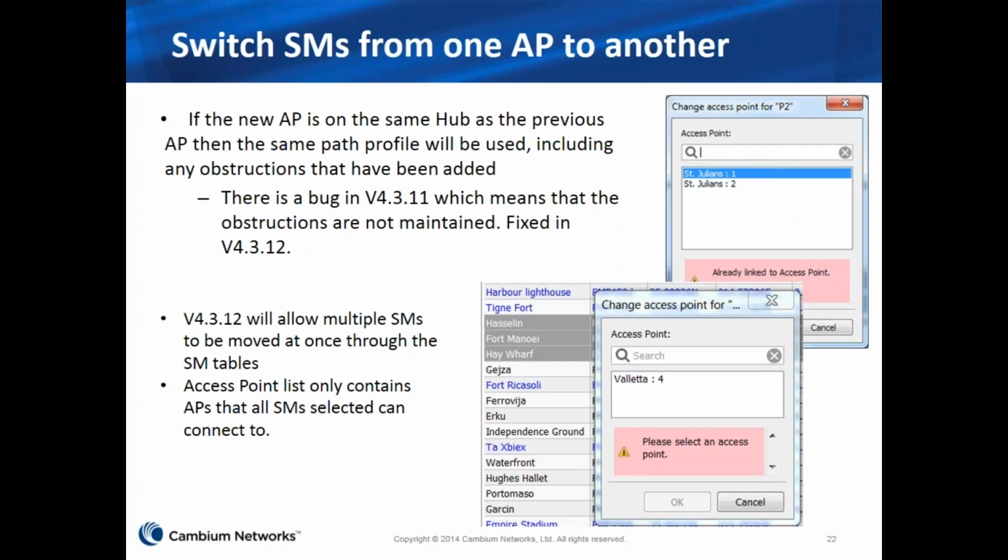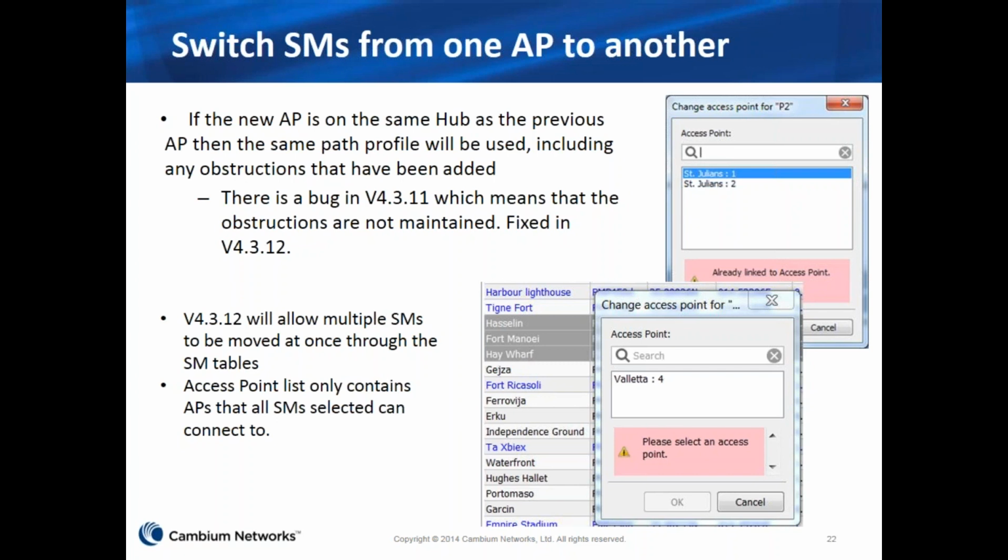Unfortunately, we do have a bug in the current version, which means that if you're changing an SM between two APs on the same hub, then you will lose any obstructions that have been added. This has been fixed in v4.3.12, which is going to be released tomorrow.